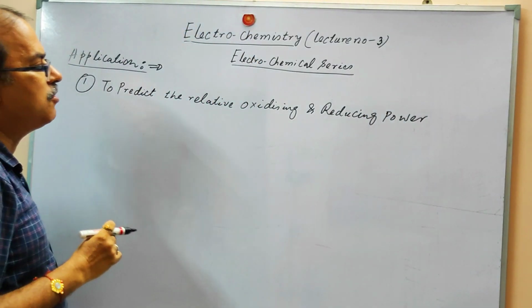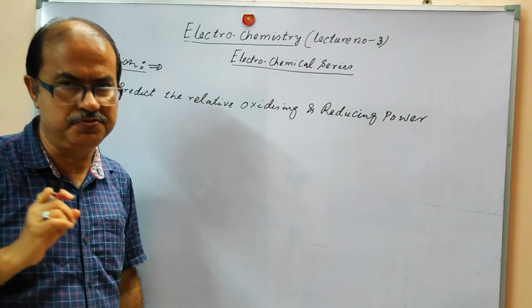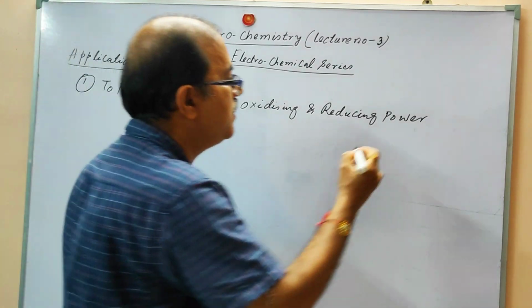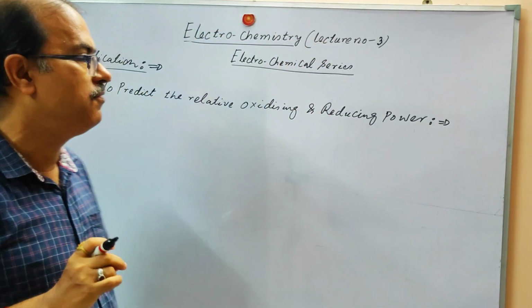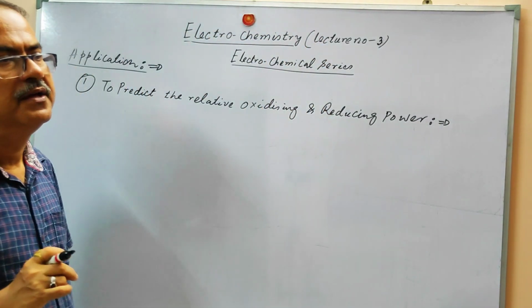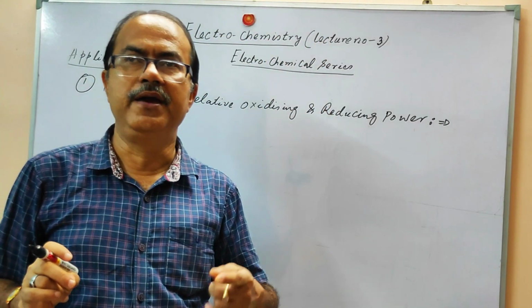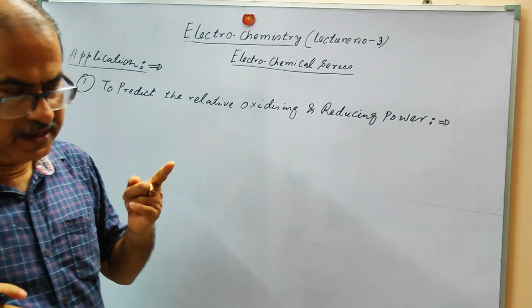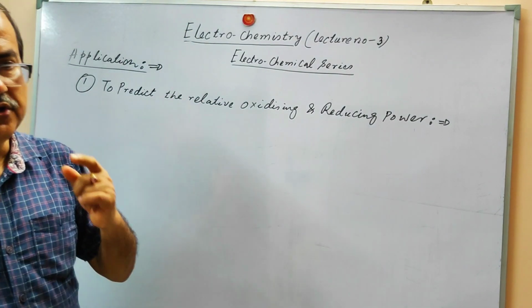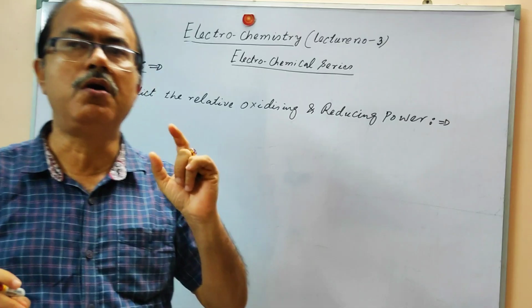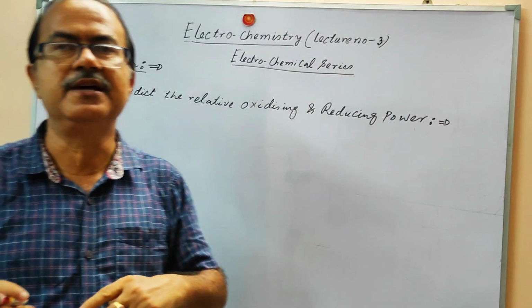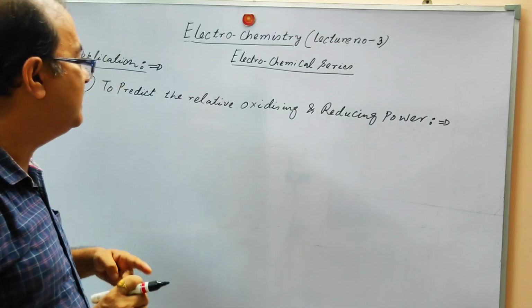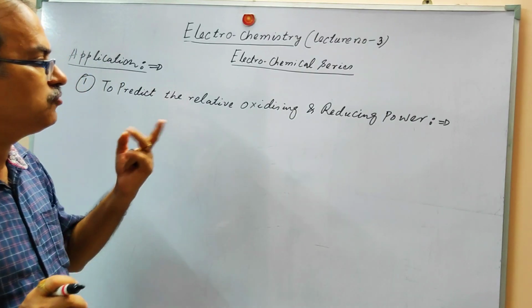We have already understood from the electrochemical series that by looking at the relative positions of the elements, we can say their relative oxidizing and reducing power.